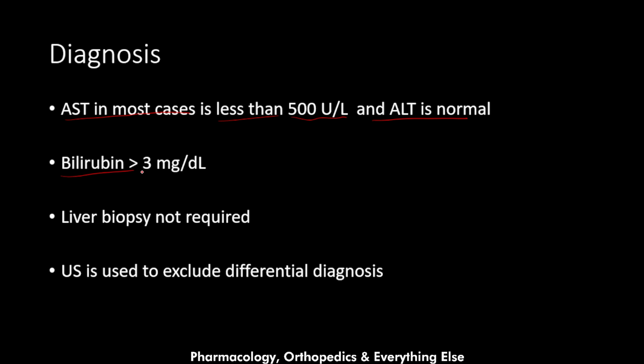The bilirubin is more than 3, and the liver biopsy is not required unless you are not sure, in which case you order the liver biopsy to confirm the diagnosis, and you order ultrasound to exclude the differential diagnoses like acute cholecystitis and other differentials related to the biliary tract.